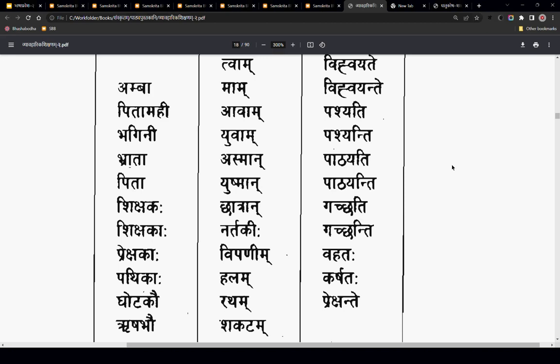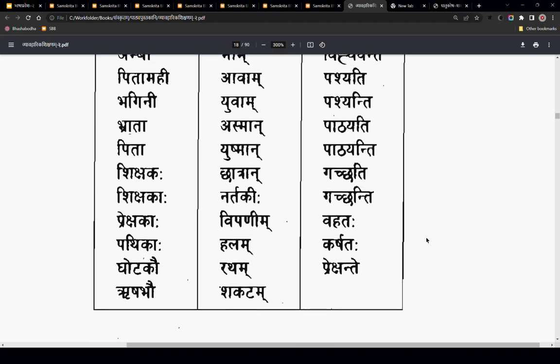Haladhari Balarama. It's the instrument used for farming, right? So can I say, ghotakau halam karshatah? Vrishabhau also halam karshatah. That's fine. Karshatah means they are pulling that in the field, right?